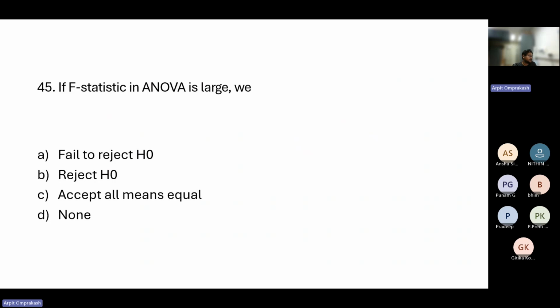Yes. The answer here is B. It is reject H naught, because your F statistic should ideally be 1 if everything is true under the null hypothesis. If F is very, very large, that means in general you reject the null hypothesis. Right.